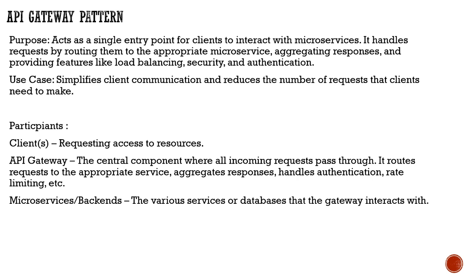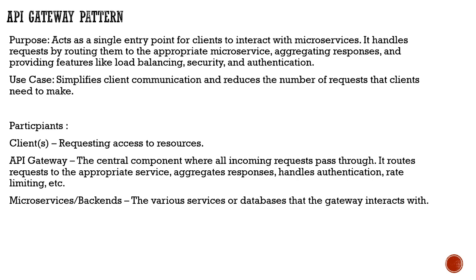It acts as a single point of entry for all the clients which interact with the microservices. In general, it handles the request and routes it to the appropriate microservices. It can also aggregate responses, and it provides features like load balancing, security, and authentication.